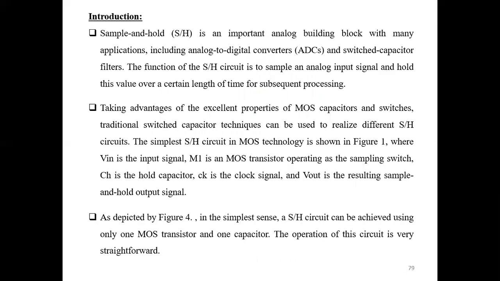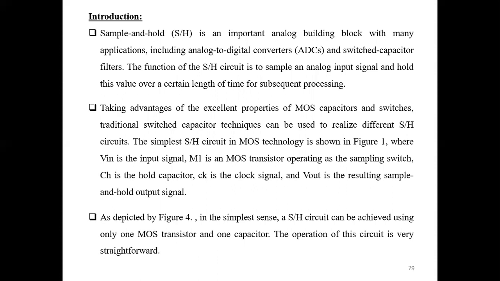Next one, high speed sample and hold circuit. When converting an analog value into digital, we need a high speed sample and hold circuit. It is an important analog building block with many applications, including analog to digital converters and switched capacitor filters.